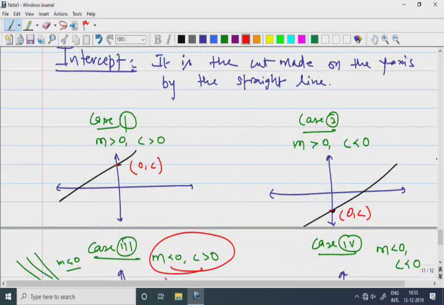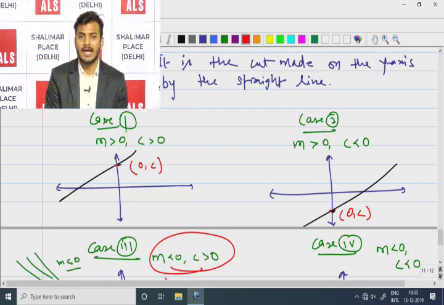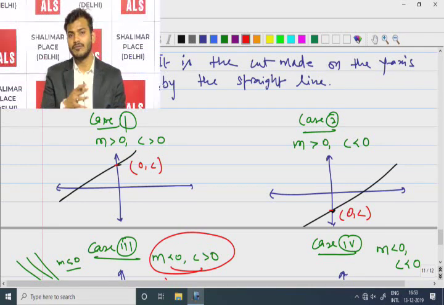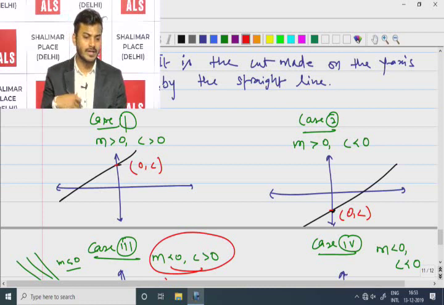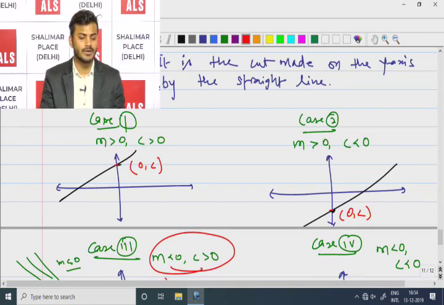Basically, if C is positive, the line will be in the upward direction, and downward direction if negative, which is a better way to say it.